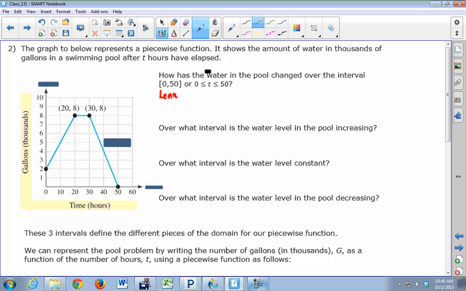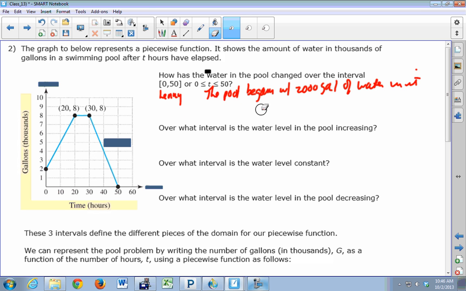The pool began with 2,000 gallons of water in it. 20 hours later, the water increased to 8,000 gallons and remained at that level until hour 30, when it decreased to empty 20 hours later.